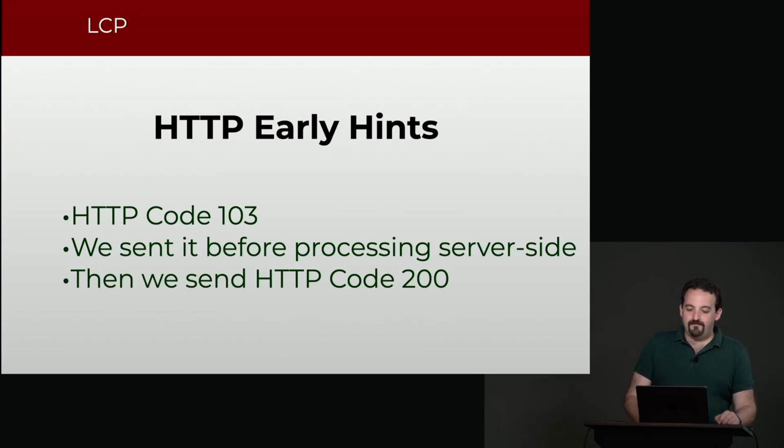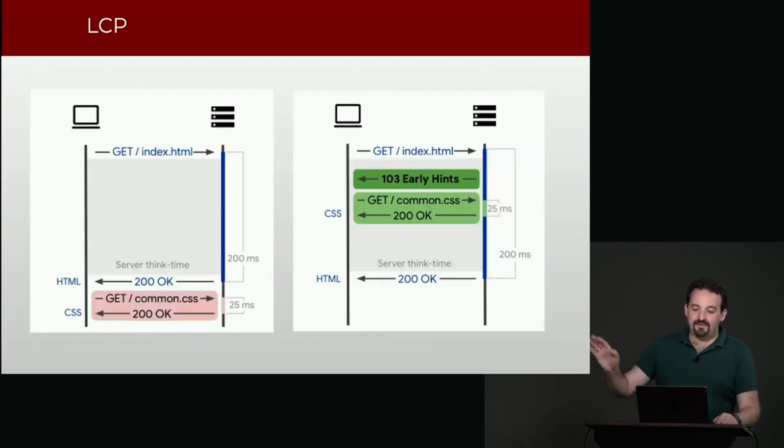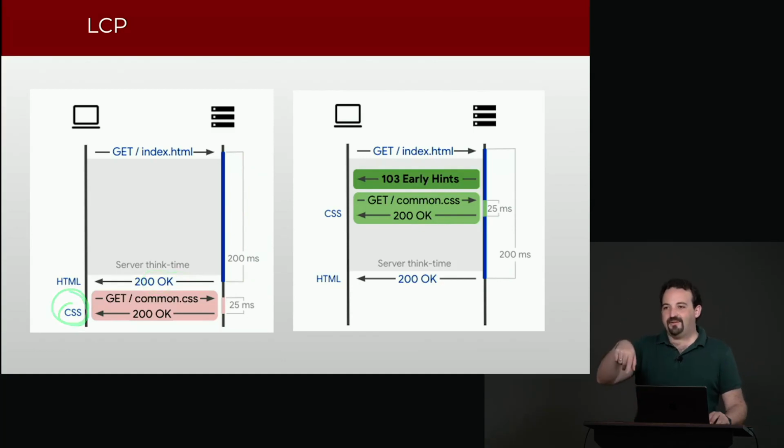So this is the diagram. Normally, at the left, you will see how that works. We have the client and we have the server. The client asks for index.html, then the server takes some time to think, and then it answers with 200. And then the browser realizes, oh, I need a CSS, so it requests the CSS.